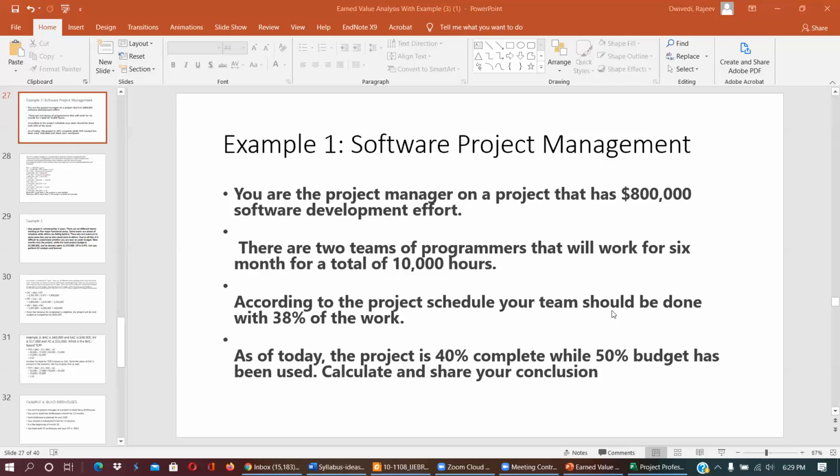Such are the critical success factors for any project. Okay, thank you. You're welcome.